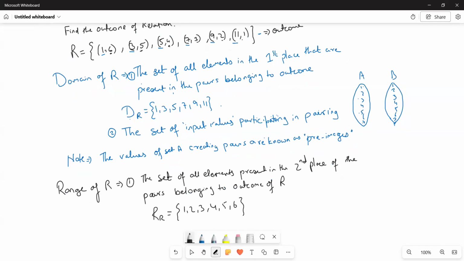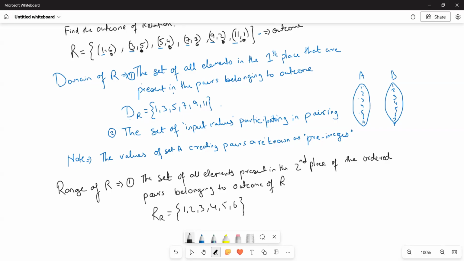Range would be the set of all elements present in the second place of the ordered pairs belonging to the outcome of R. So here, what are the elements in the second place? 6, 5, 4, 3, 2, 1. This is the second place of every ordered pair.